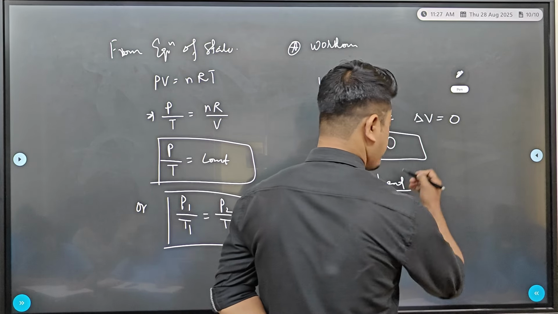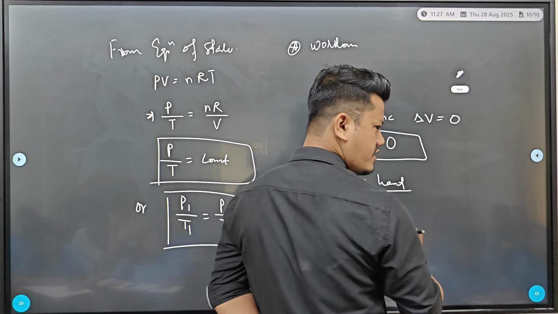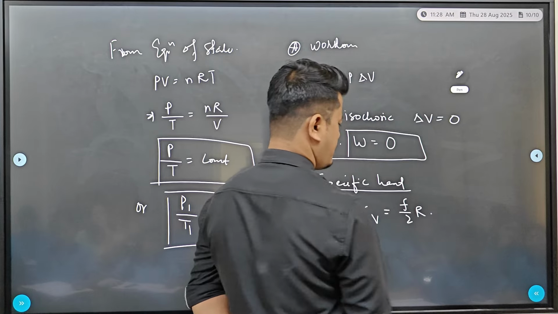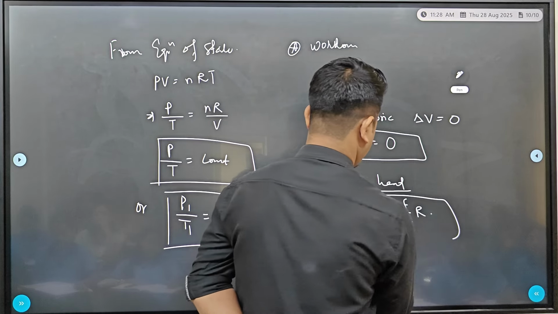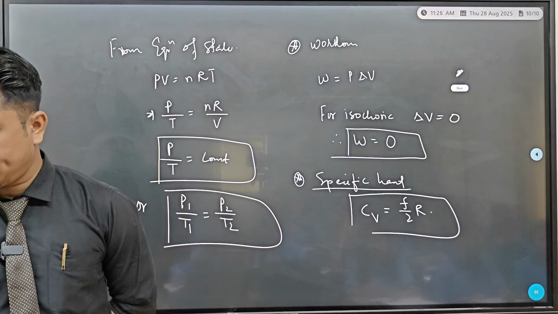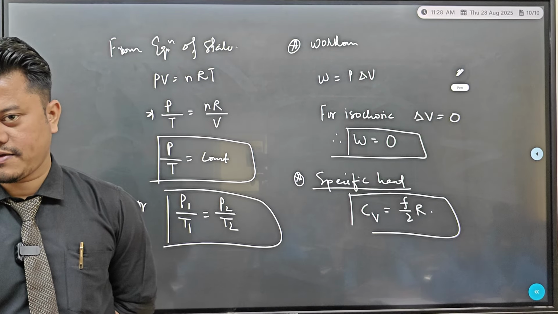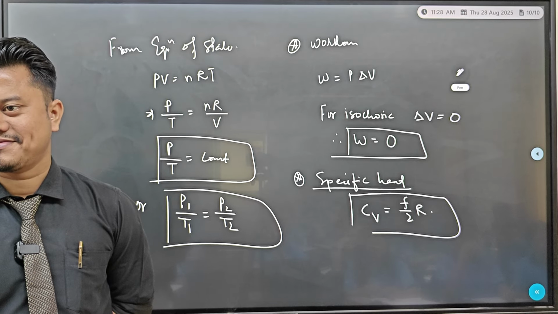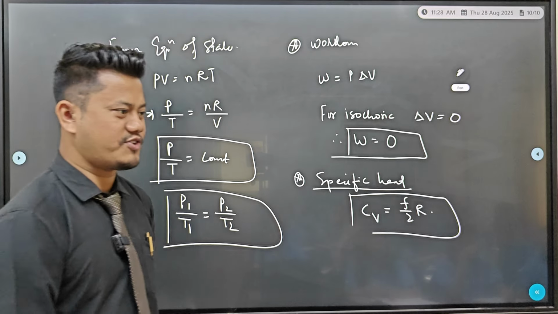And what was the expression of CV? F by 2 R. Very good. For CP, F by 2 plus 1 into R. Is that clear? Don't forget all this.